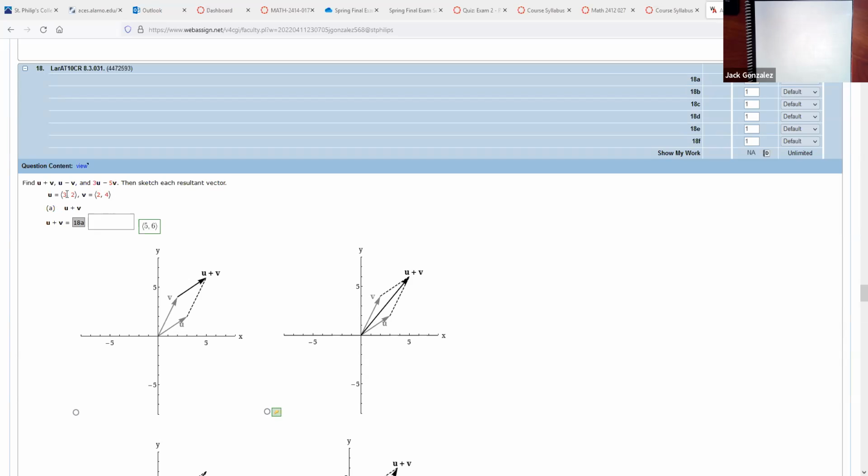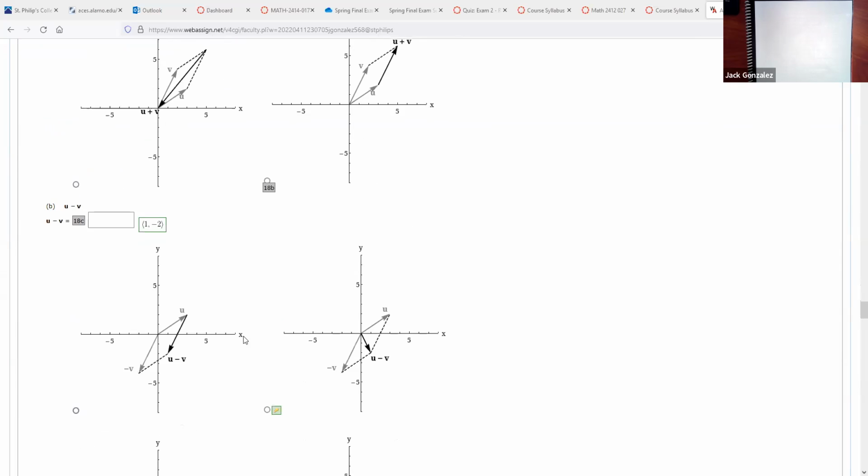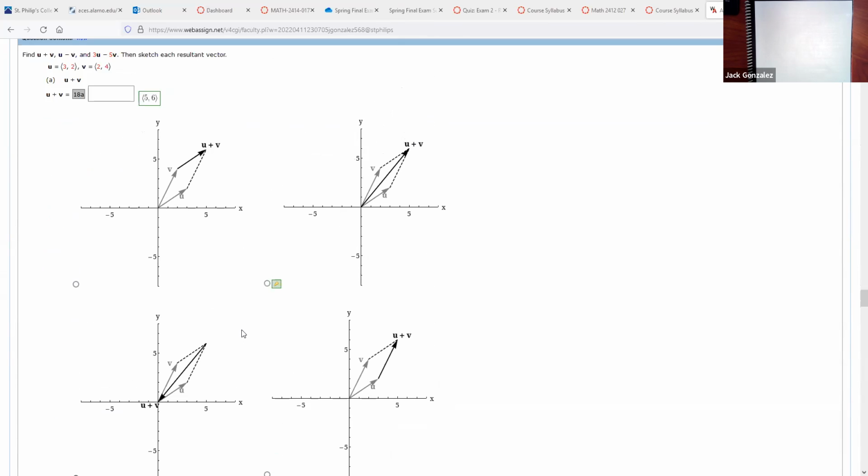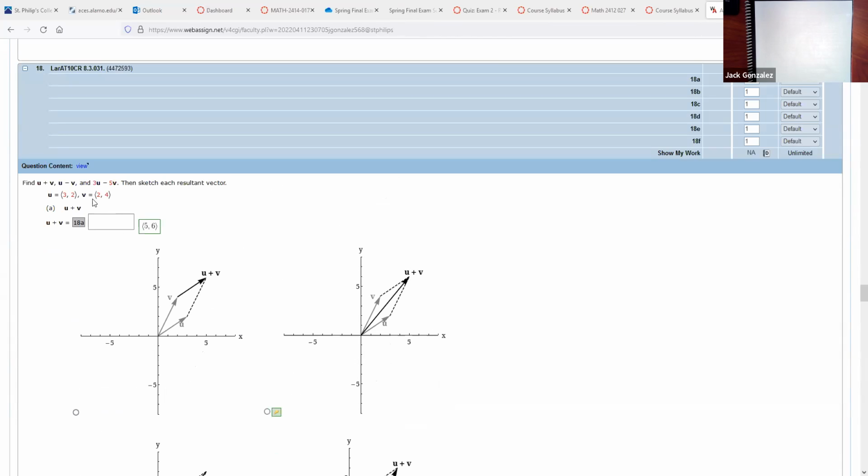If you graph it first, you can see it pretty easily. If you don't, you'd have to add the components: the I plus I and the J plus J. You get 3 plus 2. Well, let's go ahead and do 18 on paper.